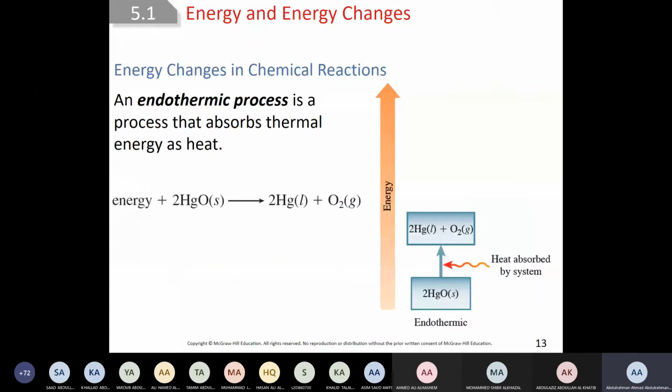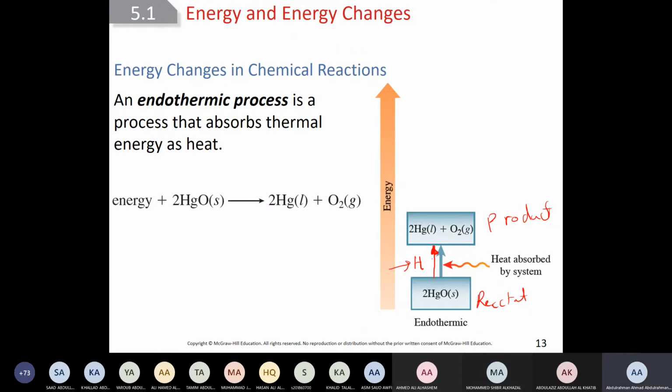On the other hand, if this is the reactant and this is the product, what's this arrow called? The direction of energy. What is it? Endothermic. This is enthalpy.